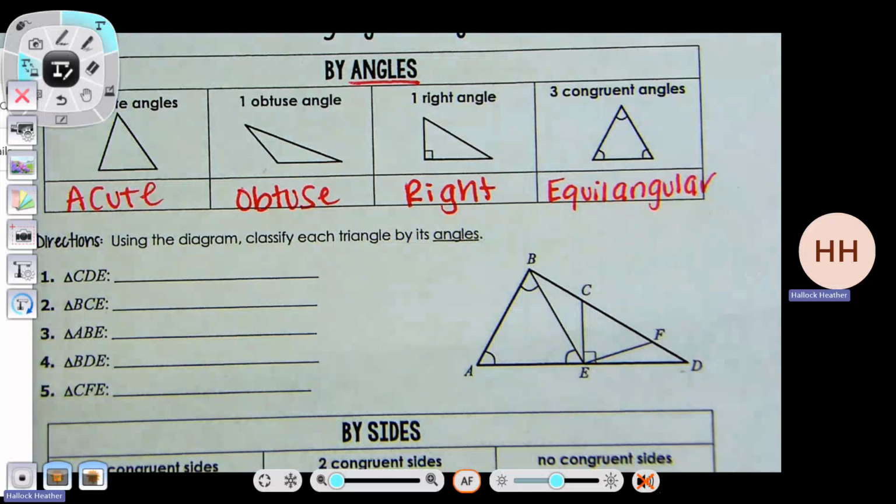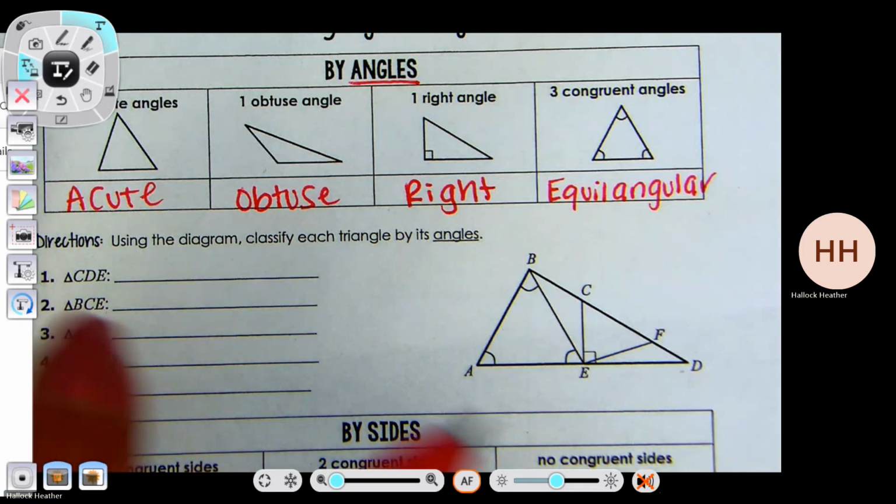So equilateral is for when 3 sides are congruent. Technically, equiangular is more specifically when you have 3 equal angles, which is like the same thing. If you have an equilateral triangle, it's automatically going to be equiangular. If it's equiangular, then it's automatically equilateral.